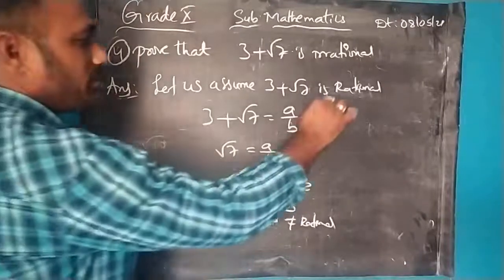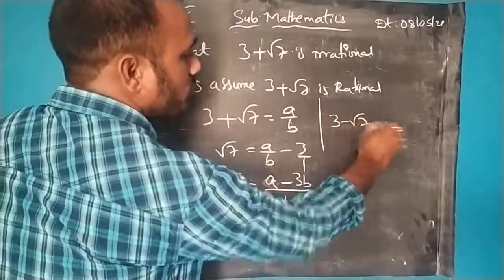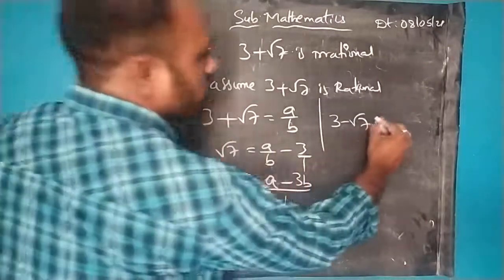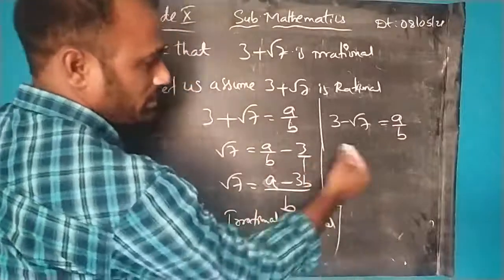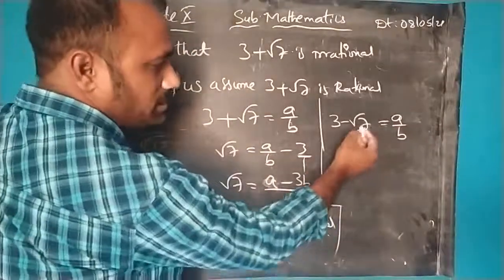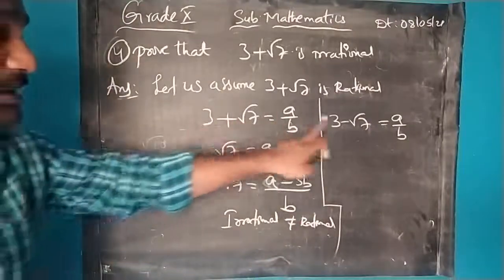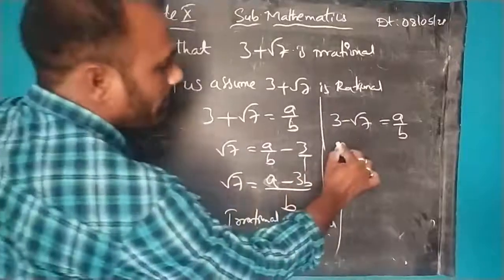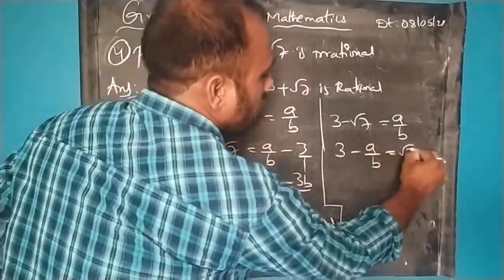For example, if the same question is given like this, 3 minus root 7, I have to prove it as irrational. So how to do this? Since it is a minus number, previously it was a plus number, let me transpose this to that side. So what will it become? 3 minus a by b is equal to root 7.